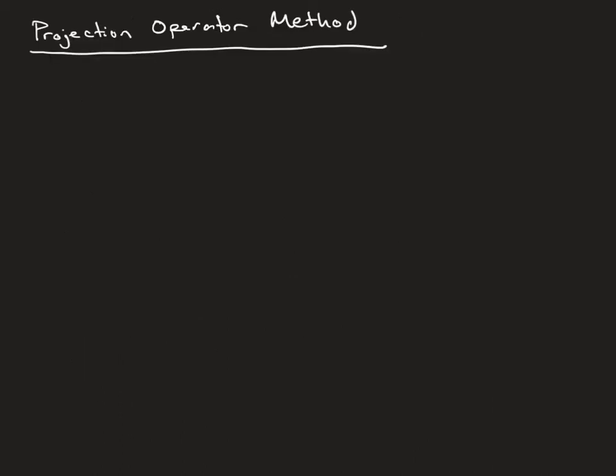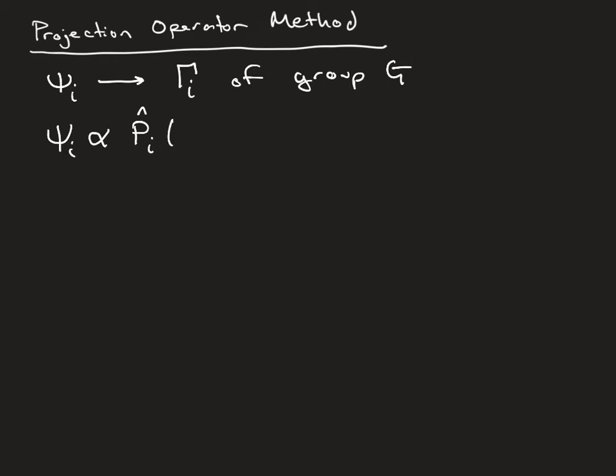To set up what we're going to be doing, we're going to generate different wave functions, psi sub i. These wave functions transform as some representation i of group G. The wave function is going to be proportional to a projection operator, P sub i, operating on some basis function. This quantity is in turn proportional to the following sum.